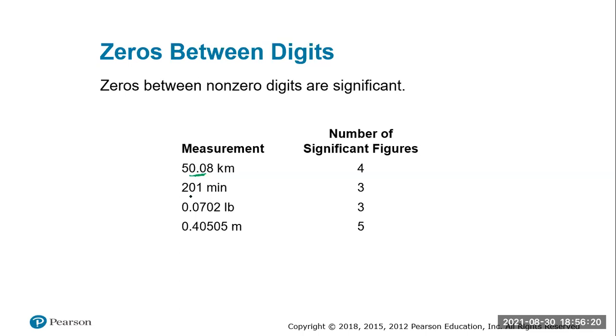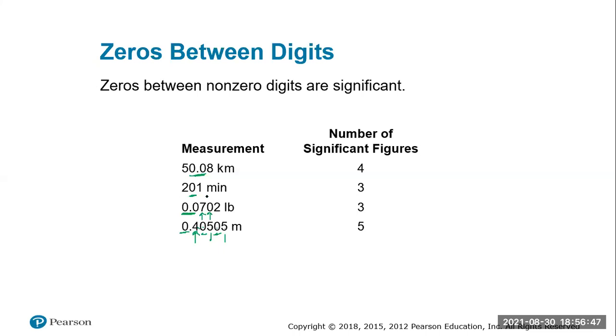This is a trapped 0, so it's significant, so that's 3. These are leading zeros that don't count, but then we have our trapped 0 after we start counting here, which gives us 3 significant figures. And obviously here, leading 0, start counting here, significant, significant, trapped 0, significant, and significant. So 1, 2, 3, 4, 5 significant figures here.